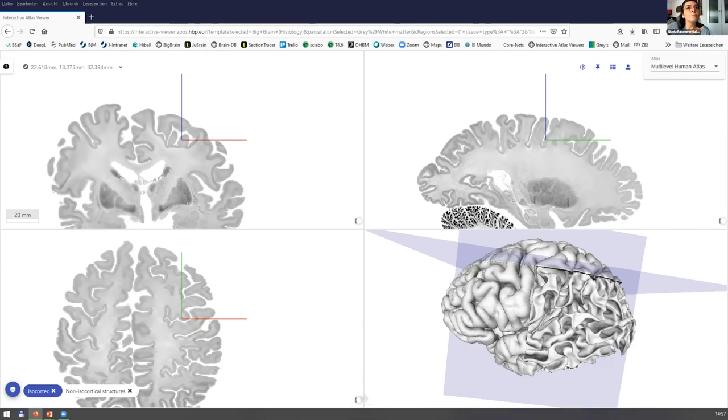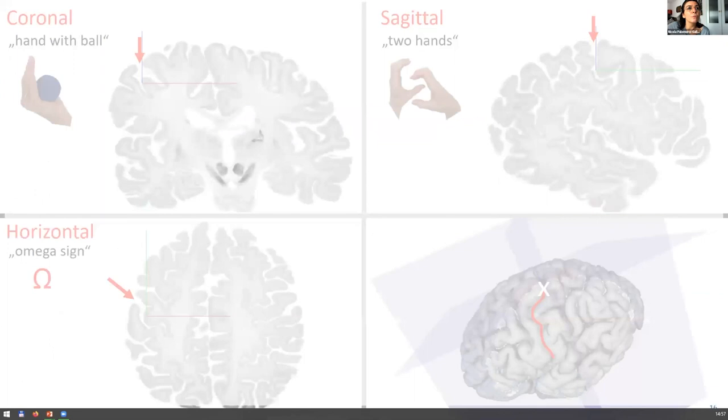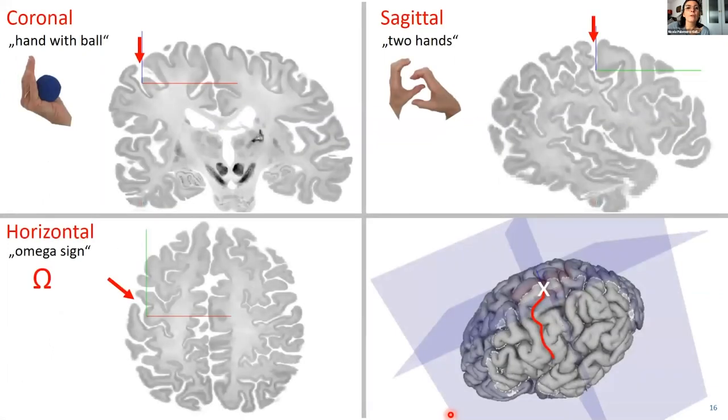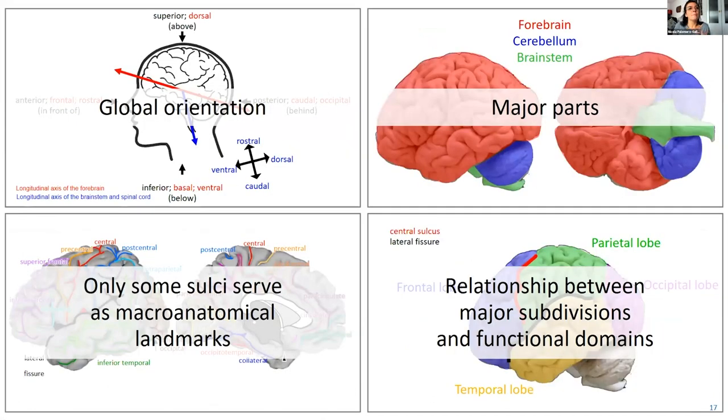So then let's get back to the presentation. Up to now, what I have done is talk about structures that are visible on the brain surface. Take-home messages, things that I want you to remember: the forebrain, the cerebellum, and the brainstem are the major components of the brain.